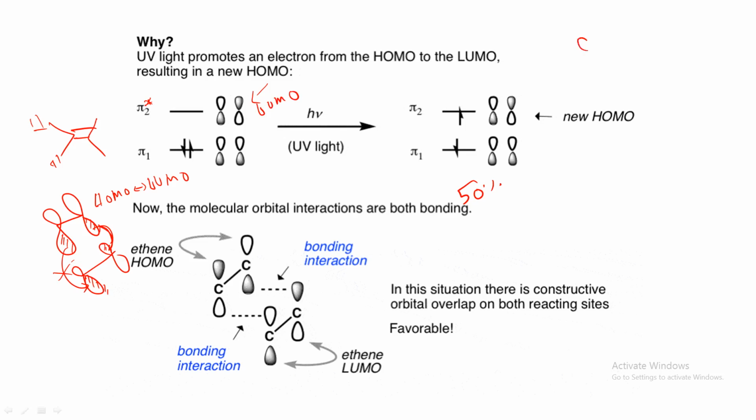Now if we write this, this is our newly formed HOMO, and our LUMO is also having this kind of thing. So now you can see supra is easily possible, and the bond formation reaction will happen, and that's why light is needed for this 2+2 cycloaddition reaction.